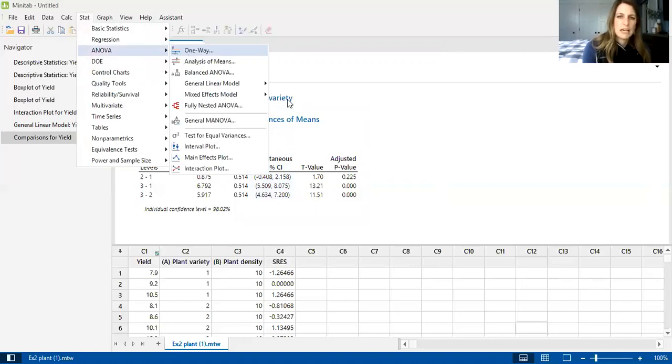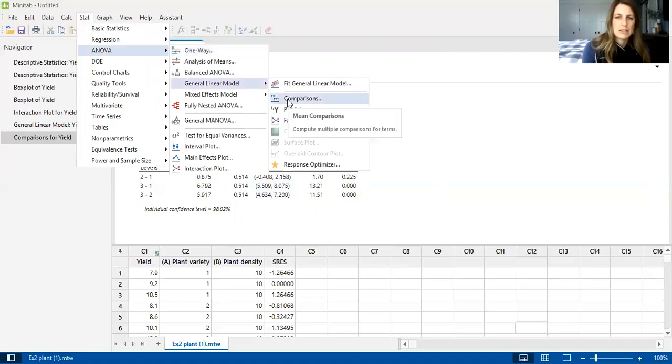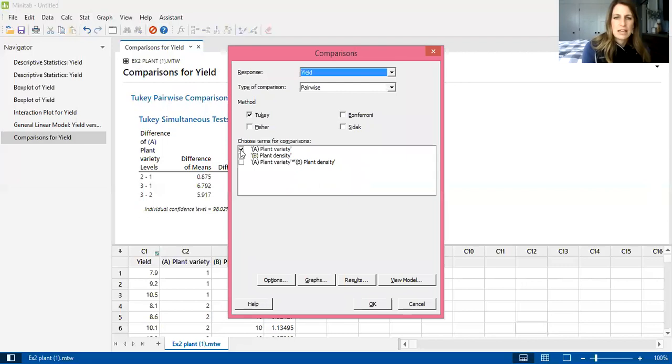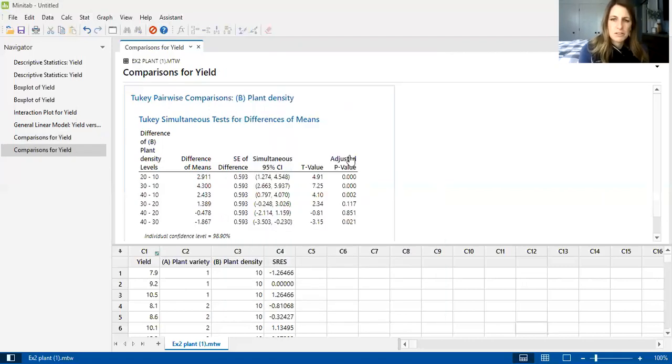Okay, so let's take a look at the density. I'm going to go back into my comparisons, and I'm going to deselect A and select B, which is my density, and click OK. So here I'm going to use my p-value approach this time. So I have two different approaches. I'm looking for a p-value that's greater than 0.05.